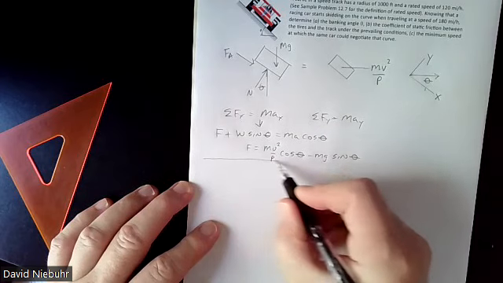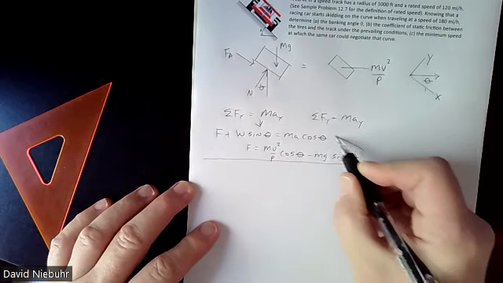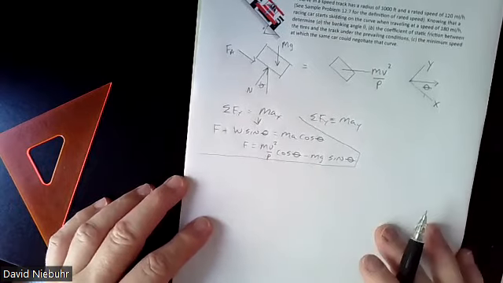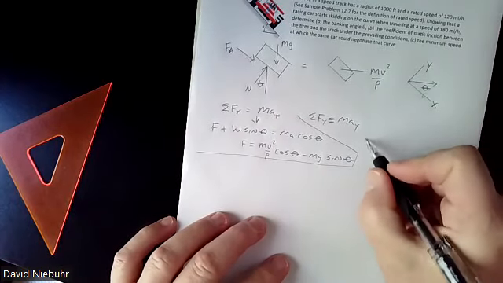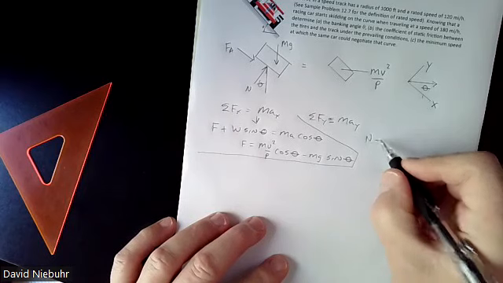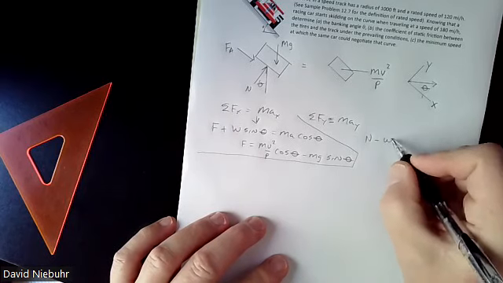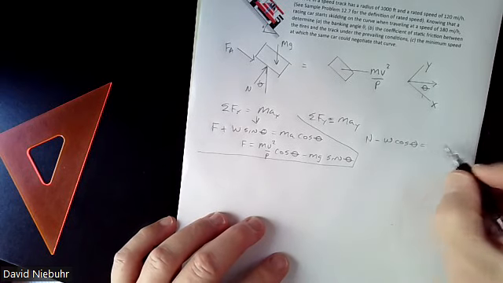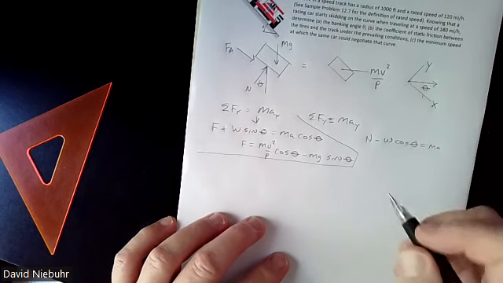So let's go ahead and draw a line. So sum of the forces equals ma y. What do we get? N minus w cosine theta equals ma sine theta.